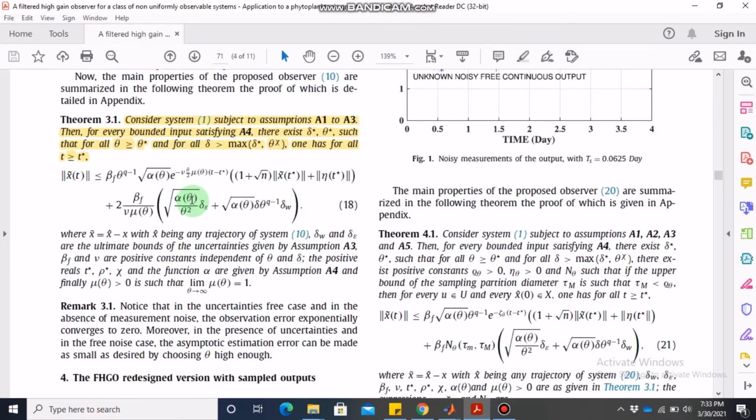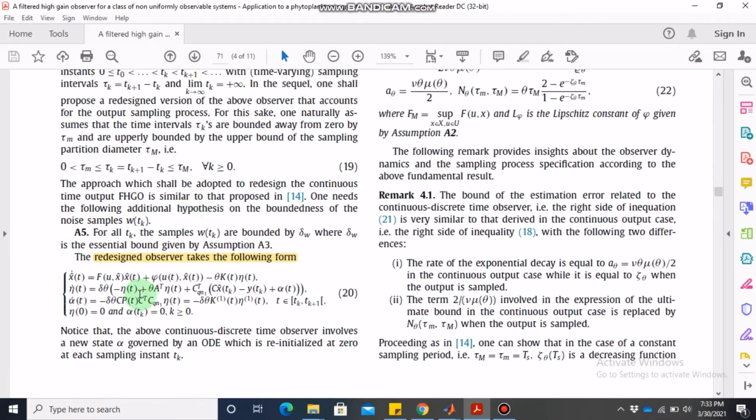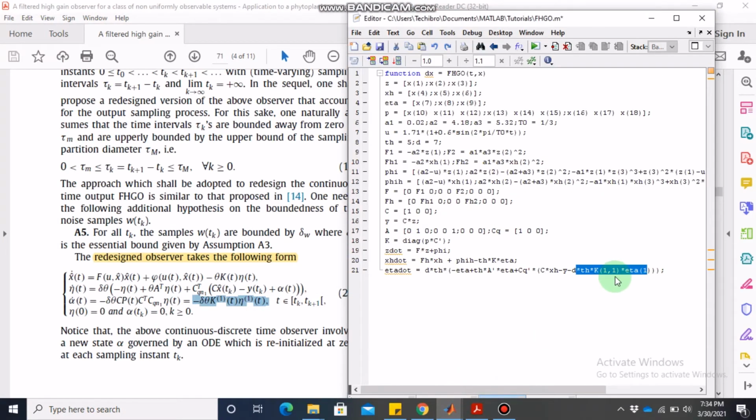So if you go to equation 20, there is a slight modification in the dynamics of eta, C x hat minus y plus alpha, where alpha dot is equal to minus theta delta theta times K1 and eta 1, which I have written here. But I have run the code without this and using only the observer proposed above without the alpha. There's not much difference in the results, but anyways I have included this.